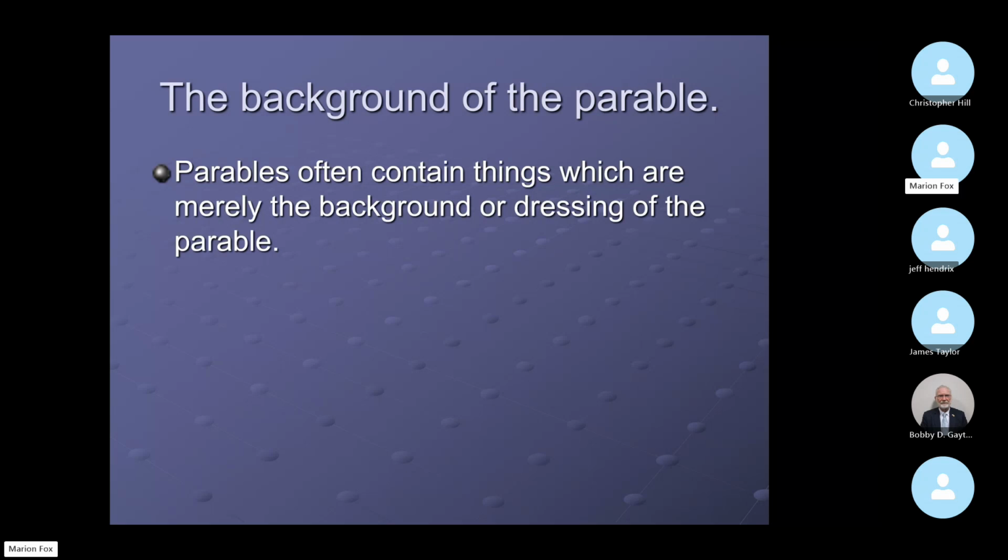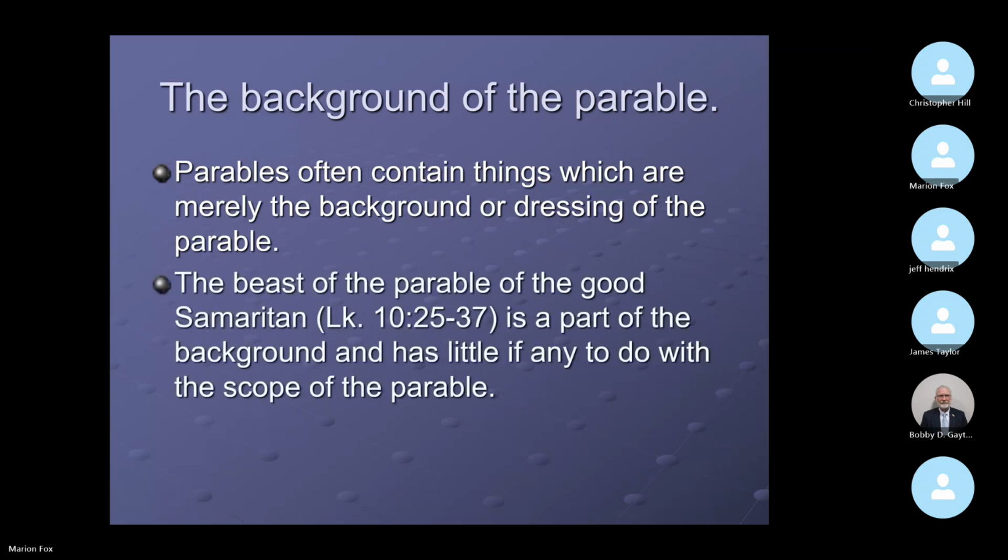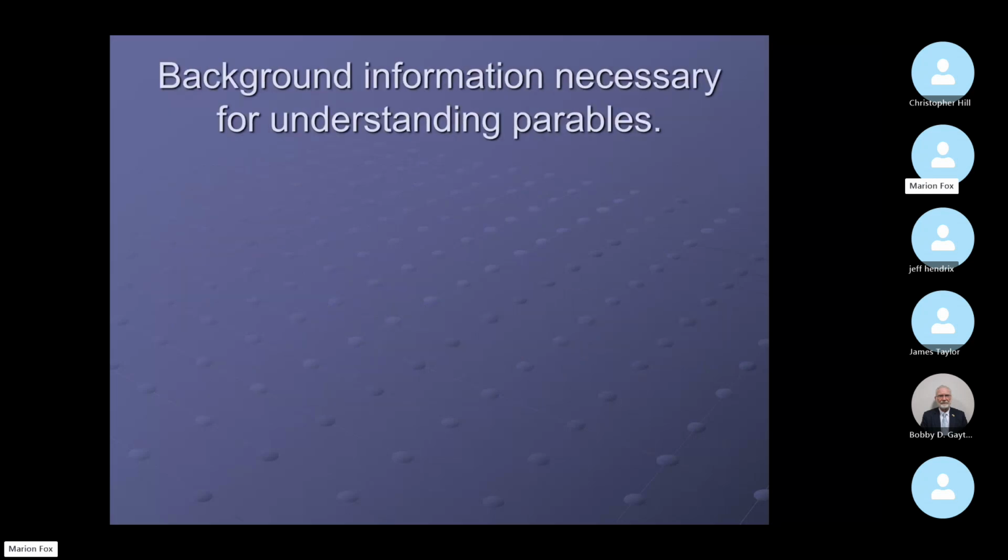Unless you're taking that beast to be a tool for functioning as a neighbor, it was a tool for that purpose. The beast of the parable of the Good Samaritan is a part of the background, has little if any to do with the scope of the parable. It can have something to do with the scope if you understand it's a tool or an instrument to accomplish loving your neighbor, the admonition to love your neighbor.